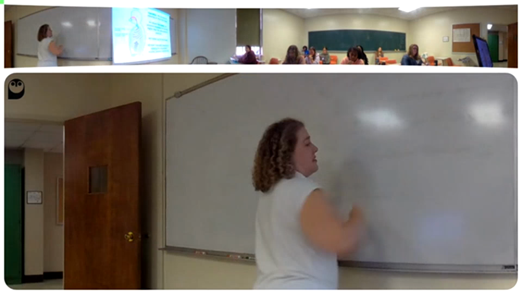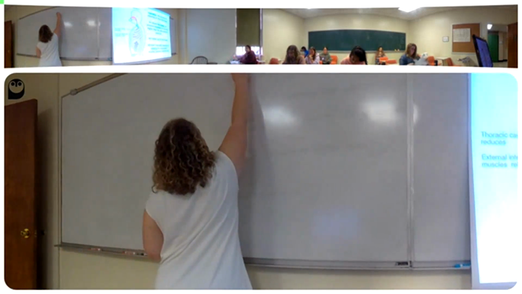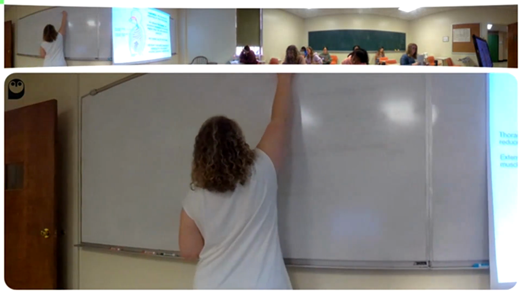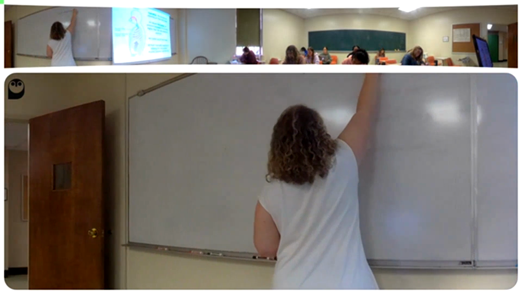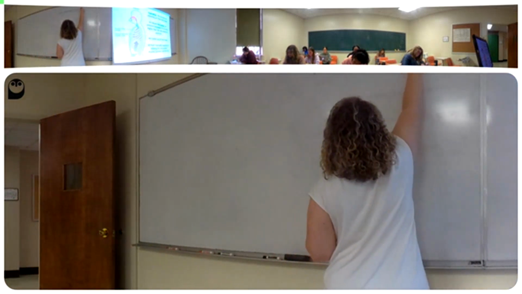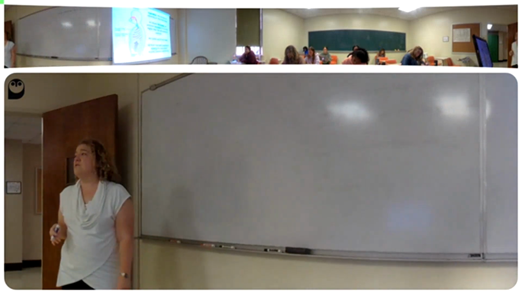So let's do a similar list for expiration. So expiration, we relax the diaphragm and the external intercostals, and we don't even need our brain to tell us to do it.